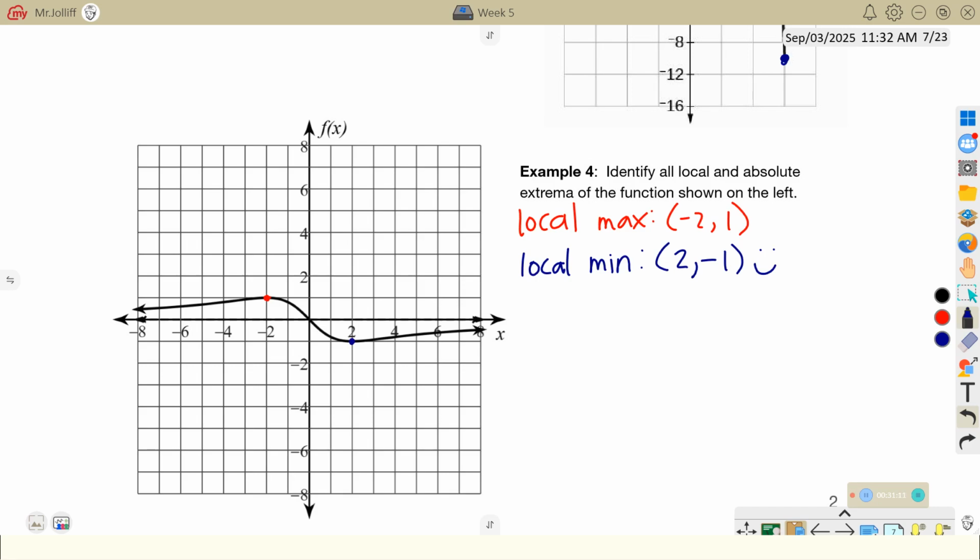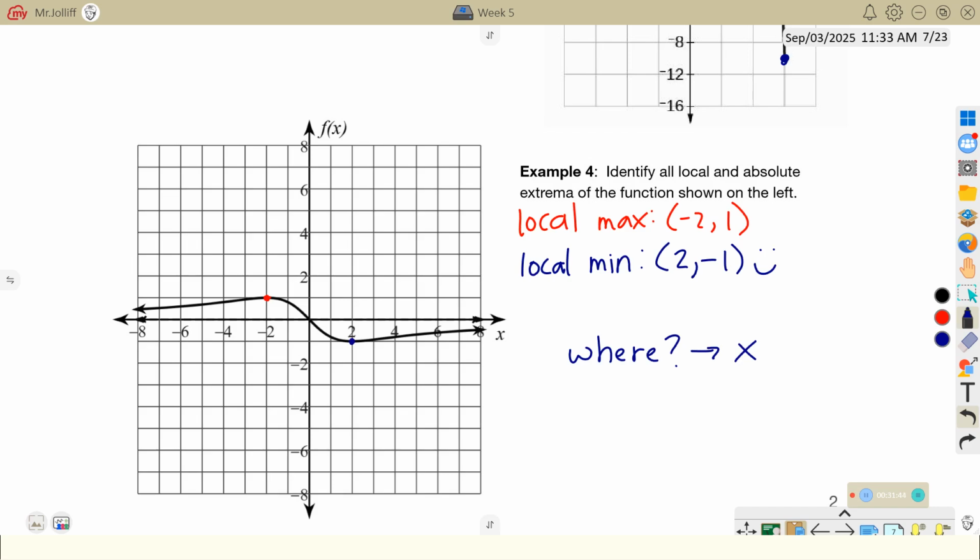Very good. A word of caution before we move on to our next activity. When you are working in Delta Math, sometimes Delta Math is going to ask you for the ordered pair at the maximum or minimum. It's going to want both coordinates. Sometimes it's going to ask you where the maximum occurred. So if it asks you where the max is, they're asking for the x coordinate.